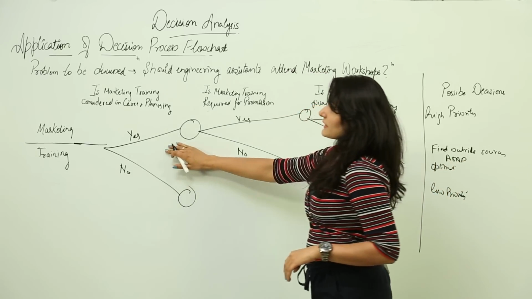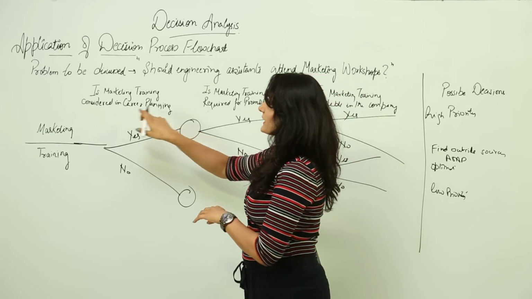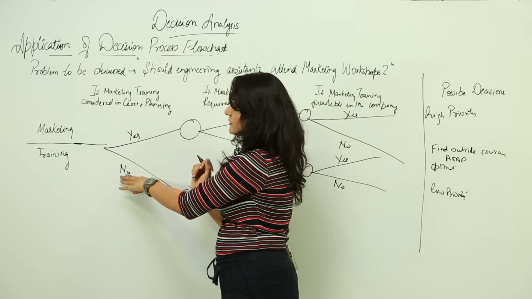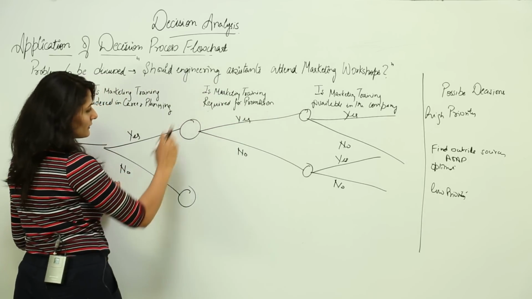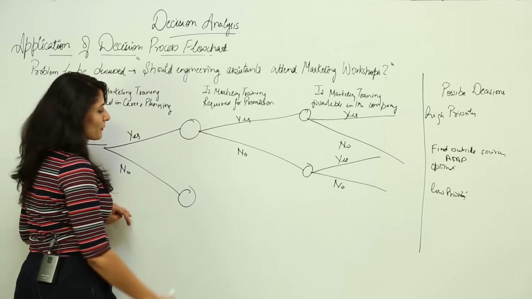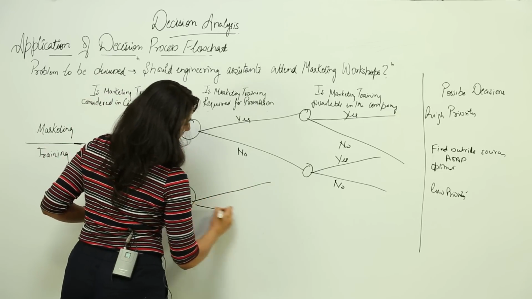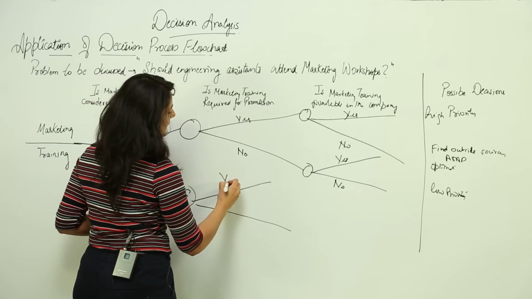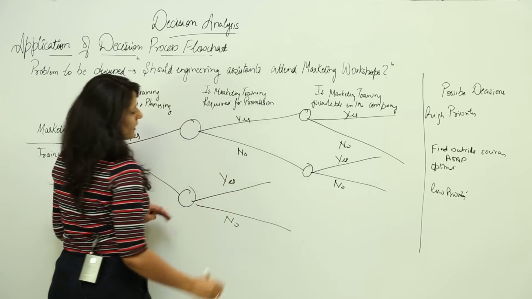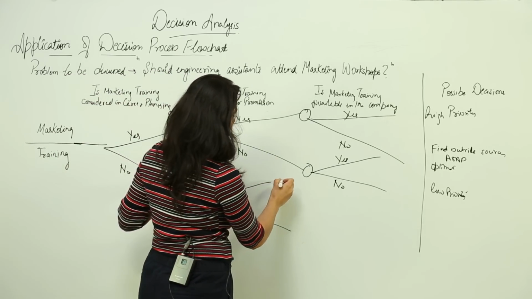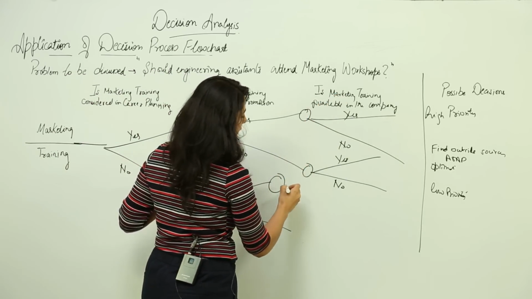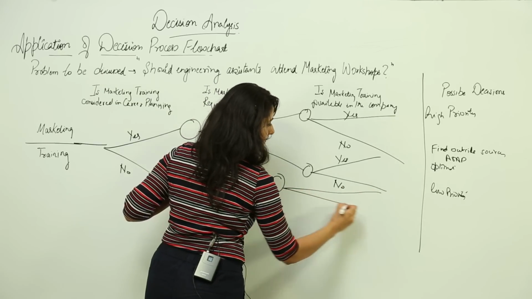Now coming to the case where the answer to, is marketing training considered in career planning, was no. The team would then check, is marketing training required for promotion? There can be two answers for that, yes or no. If the answer is yes, then they would have to ask themselves another question, that is, is marketing training available in the company?